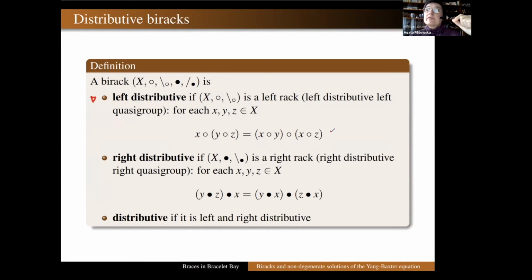So if the following left distributivity is true in this structure, and dually it is right distributive if the right one-sided quasigroup is a right rack, which means that such an identity is true in this structure. And we say that a Birack is distributive if it is left and right distributive.